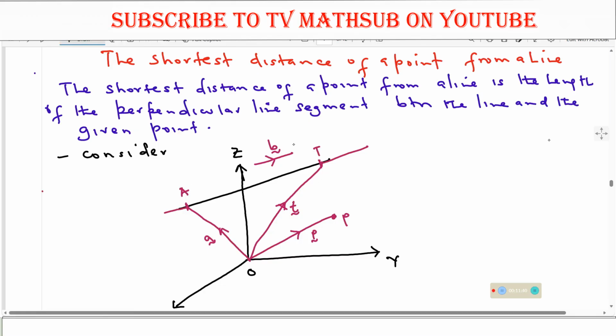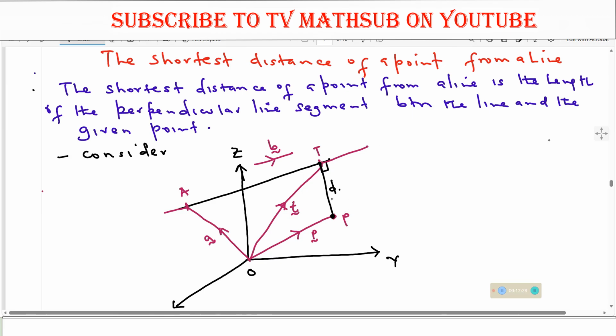That is, we have a point A, we also have a point T. Now I want us to obtain the shortest distance from this line to a point P. When we extend this line coming from the point P, it meets the line, and we are interested in this distance D. That is the distance from the point P to the line.